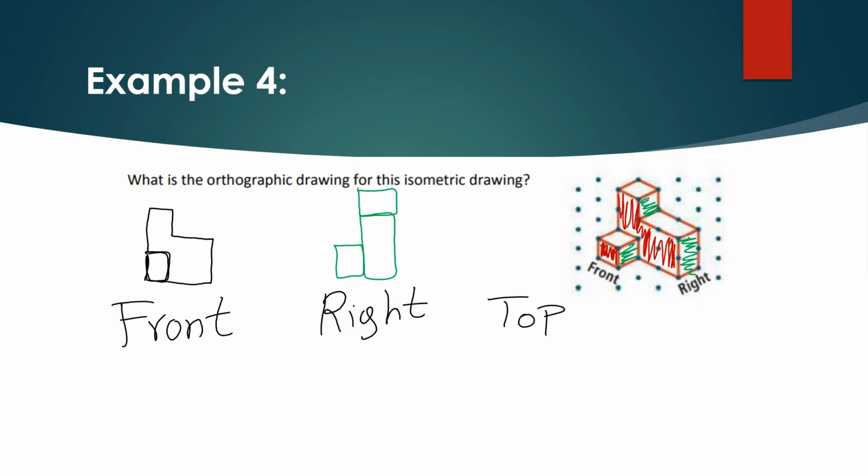I'll do the top in blue. A block, and a rectangle. So hopefully between these 3 views, we should take 3 two-dimensional objects and be able to create a 3-dimensional object.